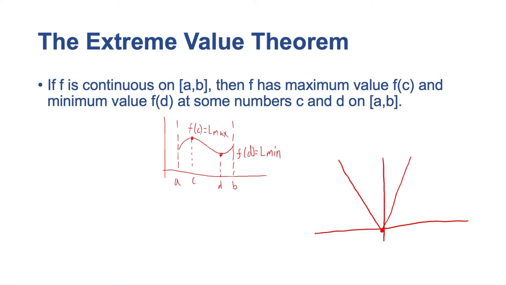If our function is not differentiable, Fermat's theorem does not apply. And if I differentiated here at 0, I wouldn't get anything, even though 0 here is our absolute minimum of our absolute value function, our global minimum, our local minimum, any minimum is right here on our absolute value function.